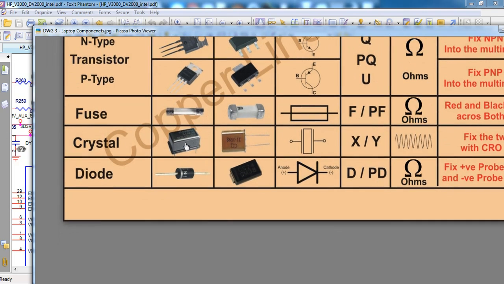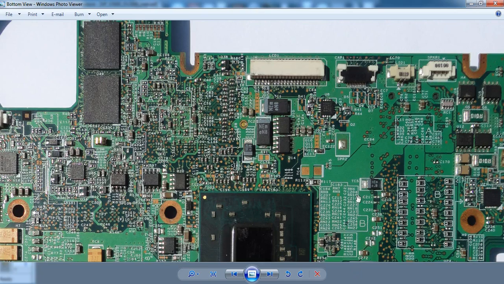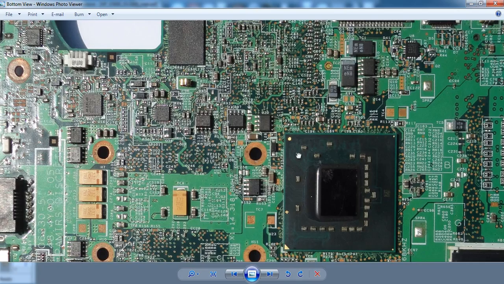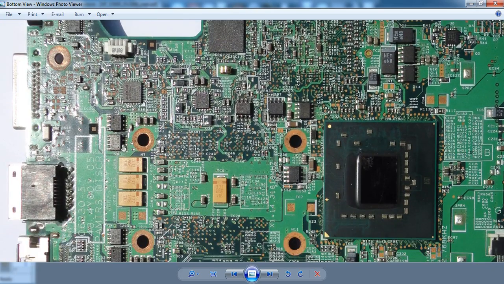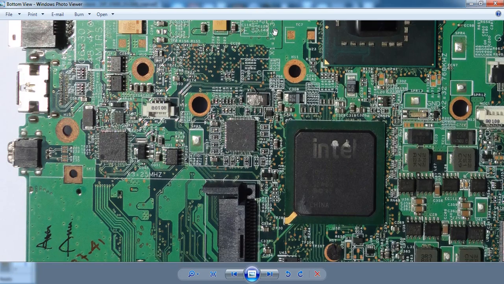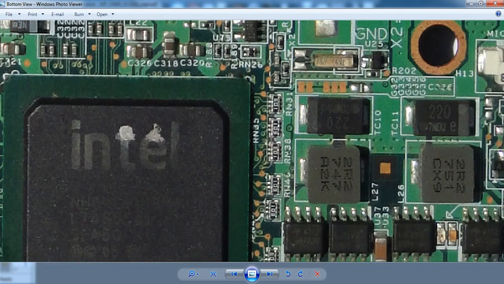This is crystal, which is used to send the clock signals to the integrated circuits. Let's see the crystals on the motherboard. This is crystal.